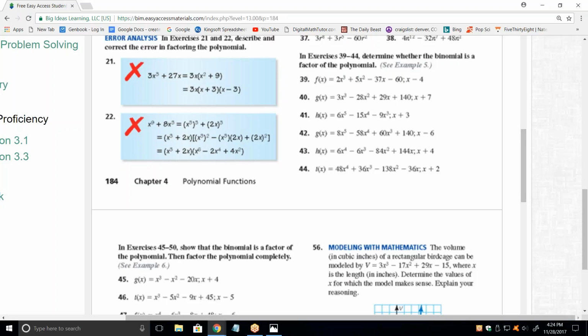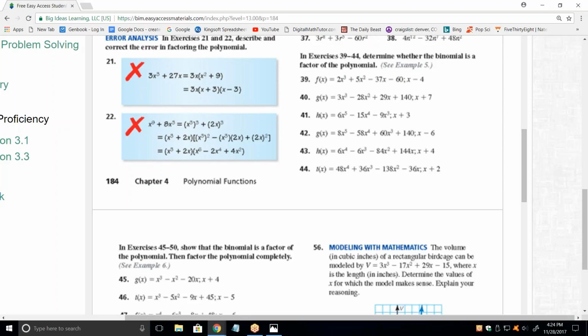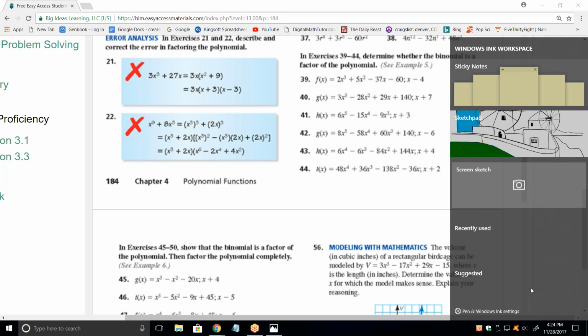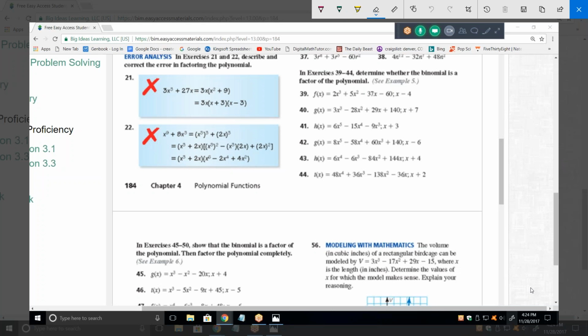They give us one factor. Well, if I divide this cubic by this linear, I get a quadratic. So then I'll have a linear times a quadratic, and I can factor the quadratic and turn it into 3 linear factors. Okay, so that's going to be the goal.